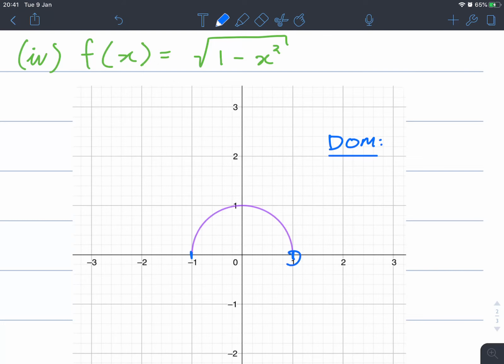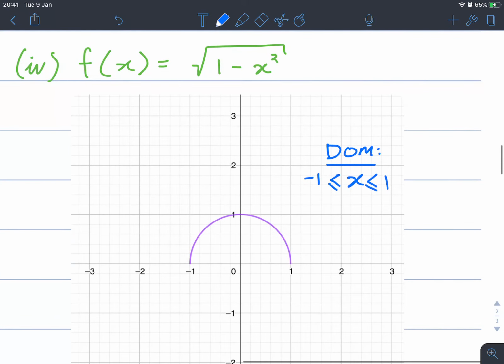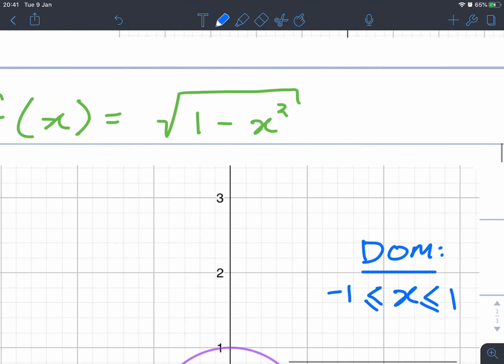Well, at x equals 1 and x equals -1. So looking at this graphically, the domain is x is less than or equal to 1, but greater than or equal to -1.